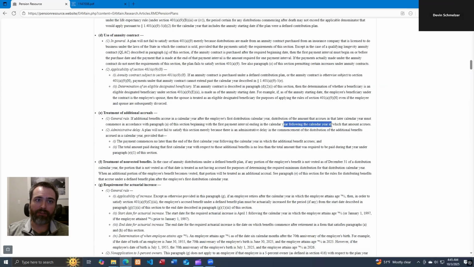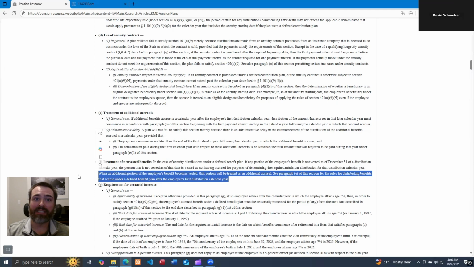And paragraph F says to treat increases in vesting like additional accruals. This is different from DC plans in that if you have an unvested portion of balance, you might have to pay that in the following year. Not covering DC work here, just shouting out there is a little caveat on DC distribution for non-vested amounts that doesn't apply to DB plans. We treat that like additional accruals.